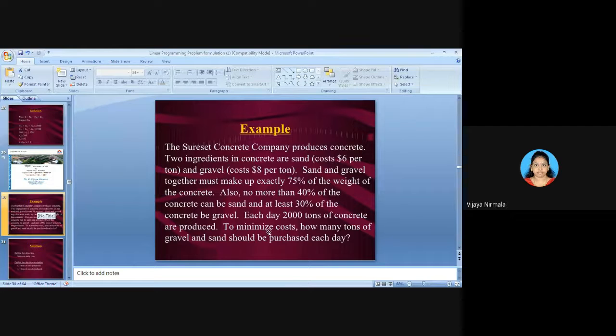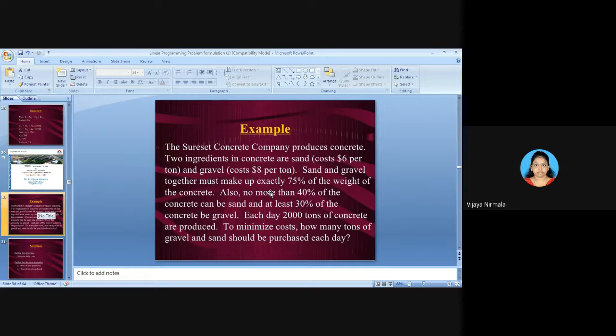So leave the last sentence. When you are framing or solving the LPP, you first have to identify whether the problem is related to maximization or minimization.